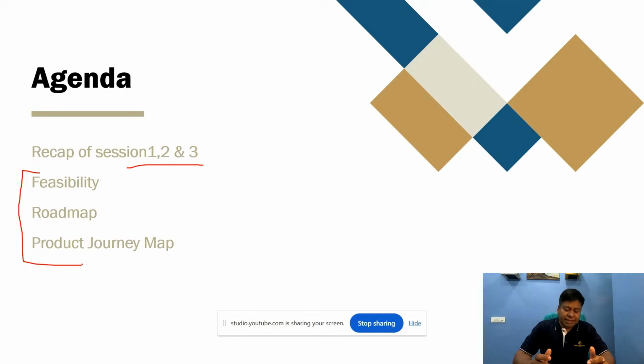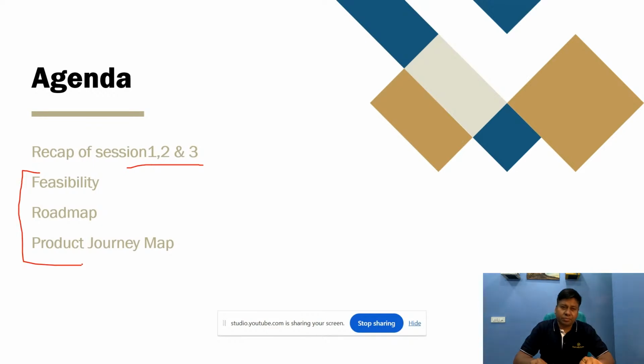In the second session, we dove deep into the ideation and inception phase, where we discussed tools like root cause analysis, empathy mapping, market gap analysis, SWOT and TOWS analysis.